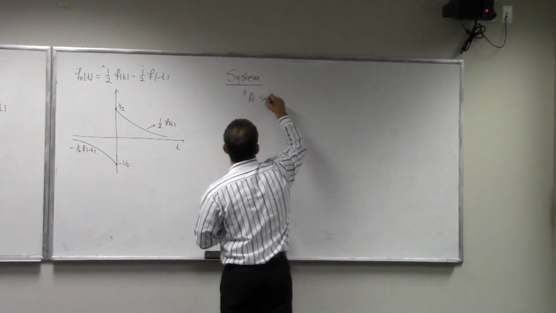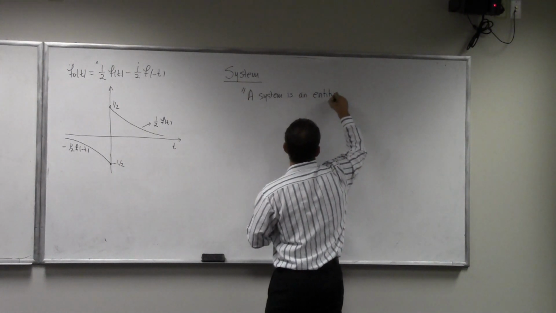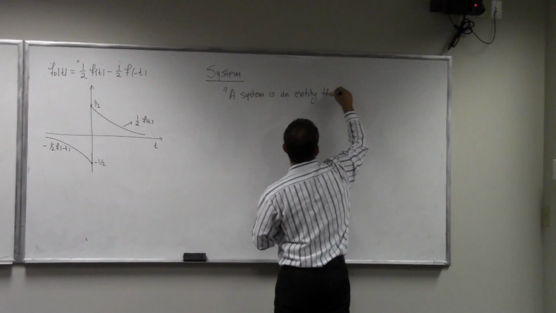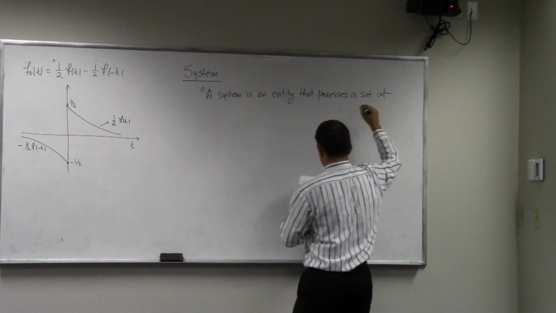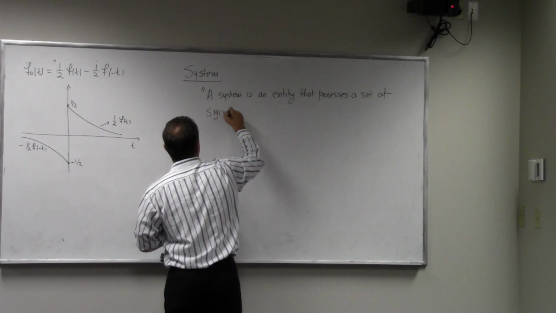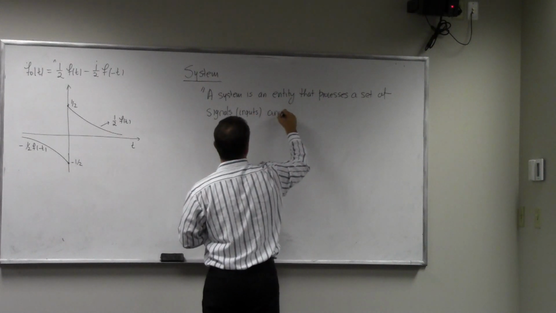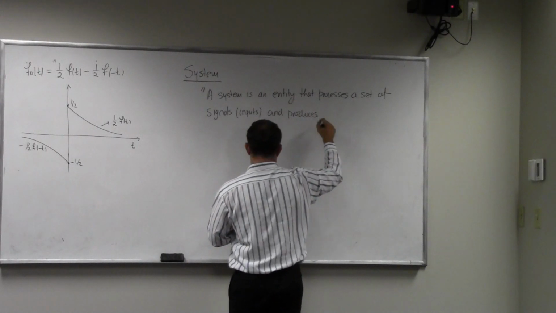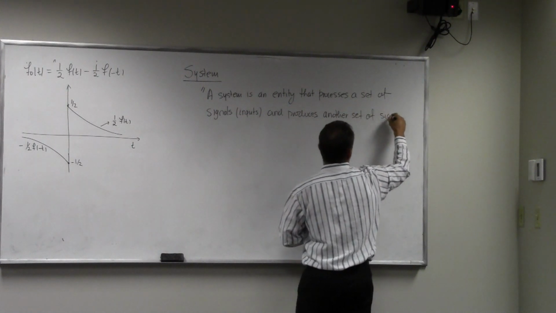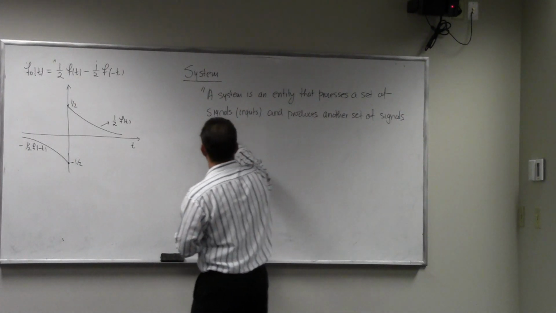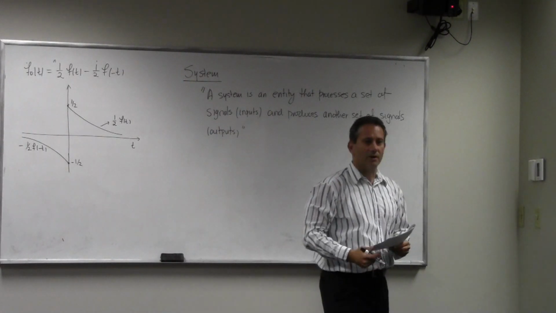A system is an entity that processes a set of signals that we refer to as inputs and produces another set of signals that we call outputs.